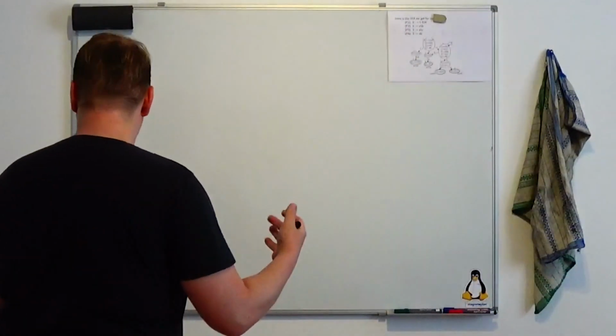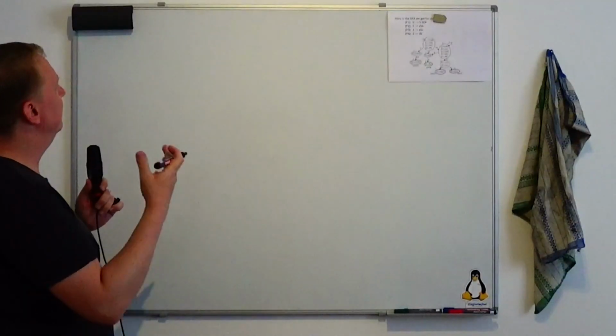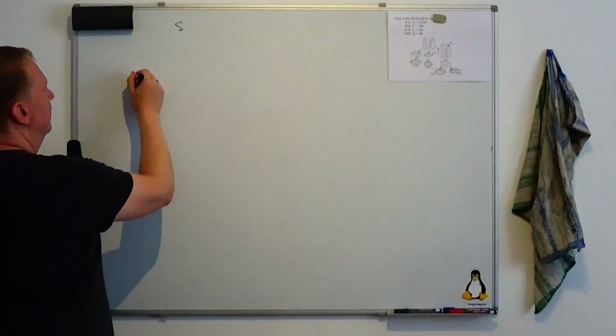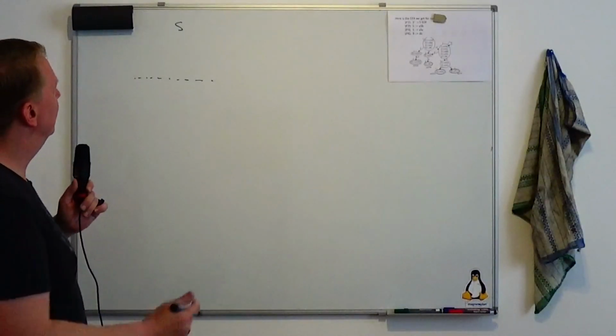If you want some image about how to think of this, if you have your start symbol up here, S, and the program code that you're reading down here, then the LL method worked like this.